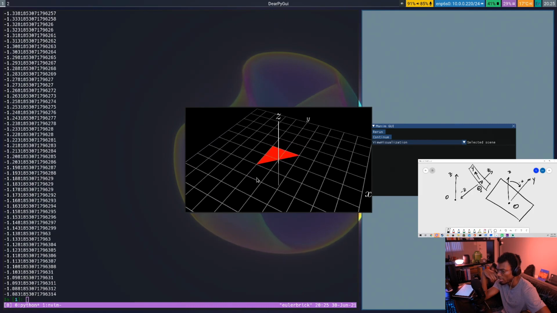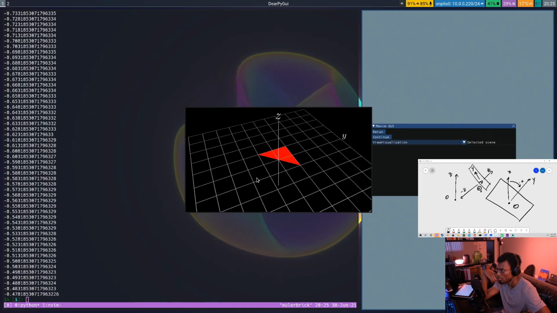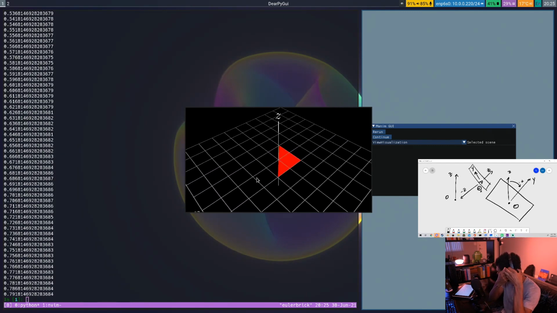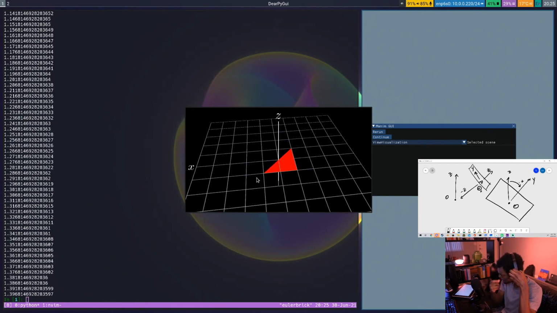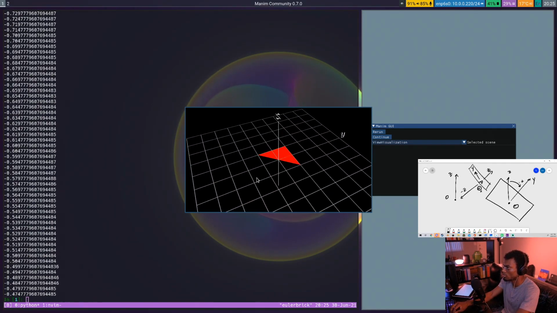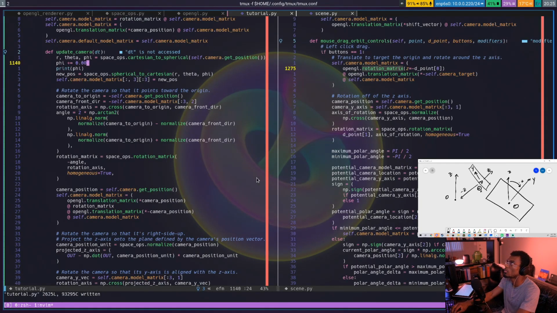And then negative pi over 2 to 0. So it has to be from negative pi over 2 to positive pi over 2. But that's not enough, because that doesn't fill out the full circle.